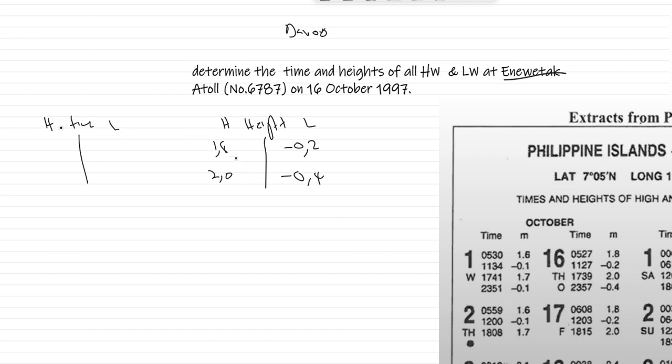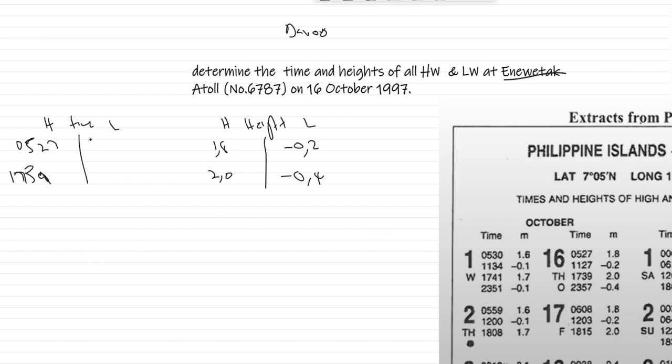We're going to record the corresponding times for those heights. The time at which 1.8 occurred was 0527. The next time, for 2.0, happened at 1739. That's just bad handwriting; that is supposed to be 17.